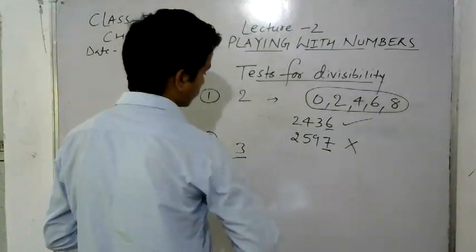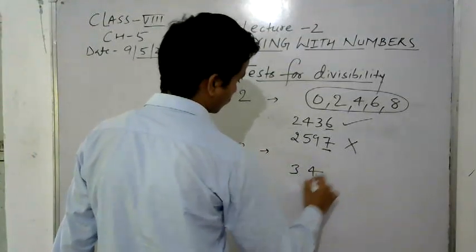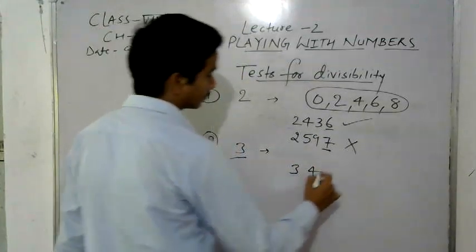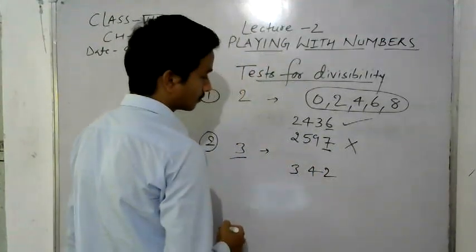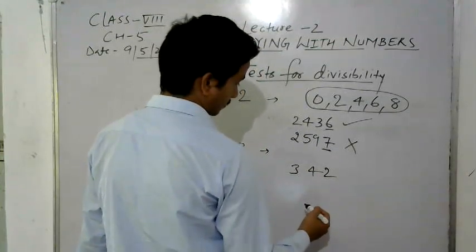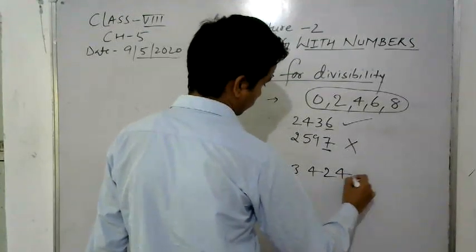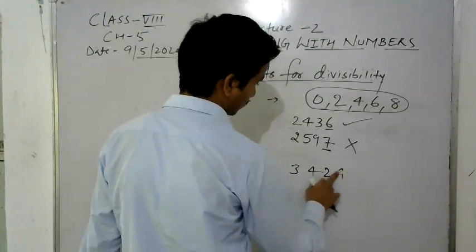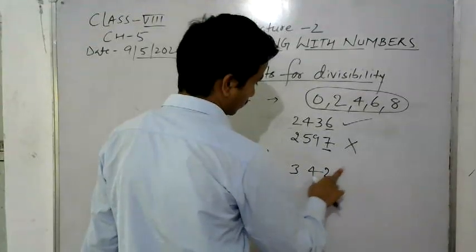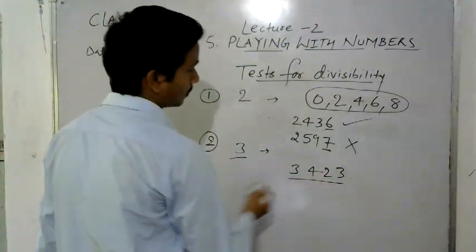Now take an example: 3492. Check whether this number is divisible by 3 or not.